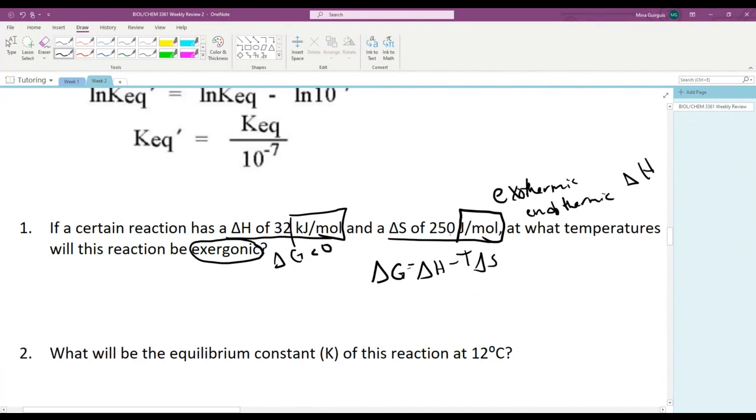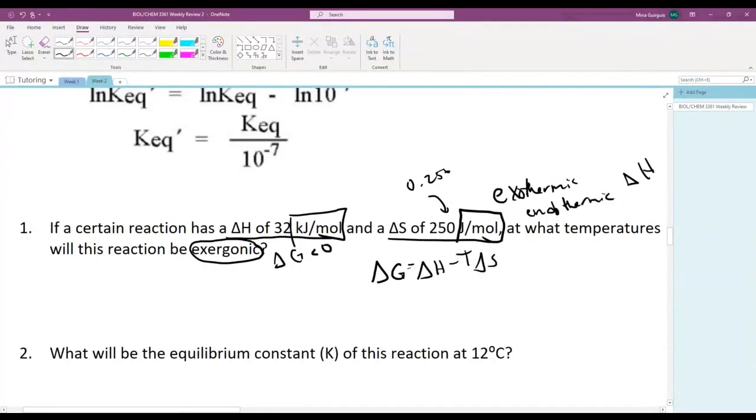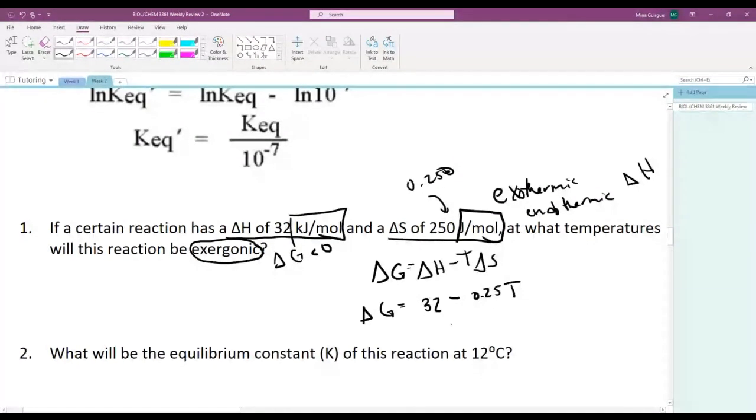All right, so I'm going to go ahead and convert this to kilojoules by saying 0.250. So let's go ahead and plug these in. So delta G equals 32 minus 0.25 T. In order for the reaction to be exergonic, we need to know when G is less than 0.